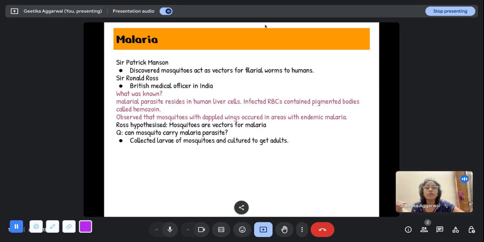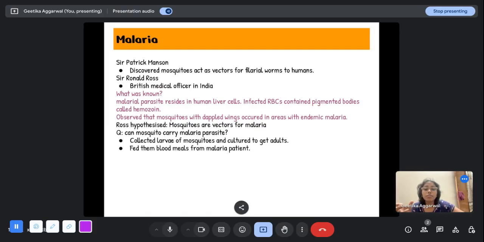For this, his methodology involved collecting larvae of mosquitoes from stagnant ponds and stagnant clear water. He collected larvae and then cultured them to get adults. It took him a long time to actually master this technique of culturing mosquito larvae in the lab, but eventually he did it, and he cultured the larvae into adults.